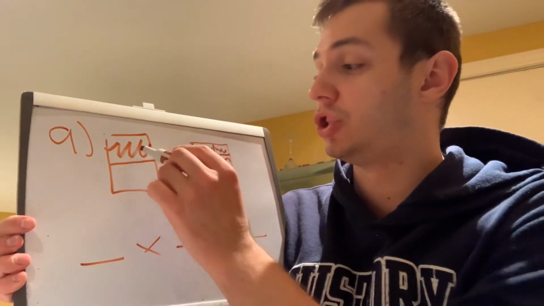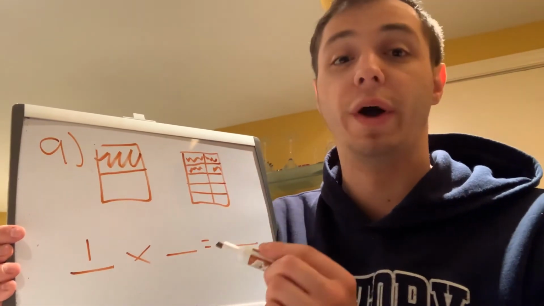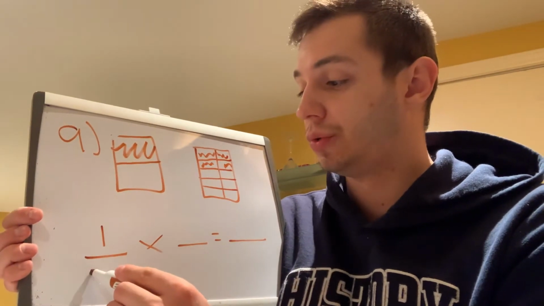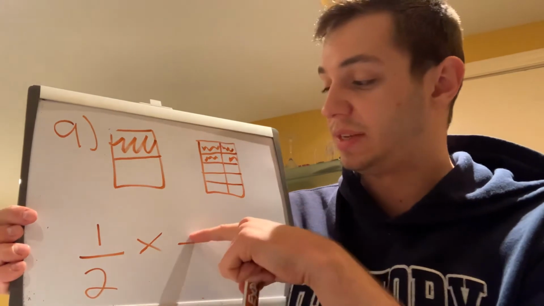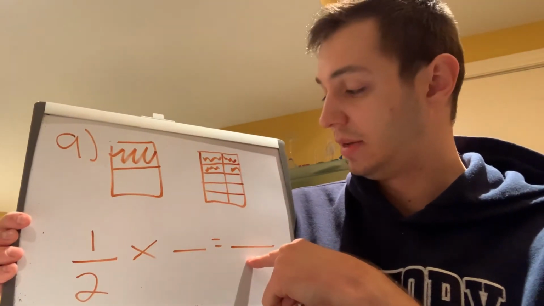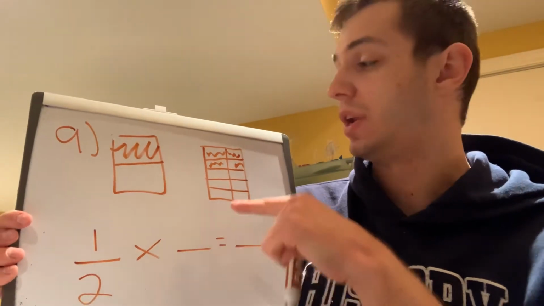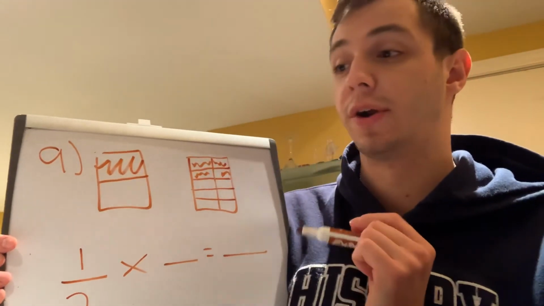We have 1 part shaded, so that will be your top number, and then we have 2 parts in 1 unit, so your 2 will be the bottom number. We're going to leave this next blank empty, and then in the last blank, right after the equal sign, you're going to write your fraction for the second image for part A.